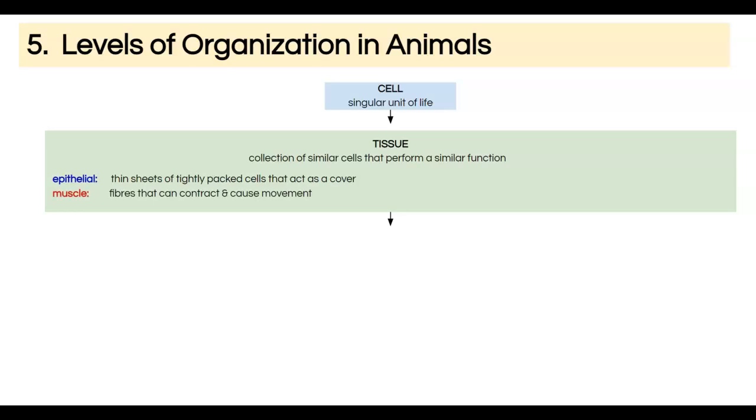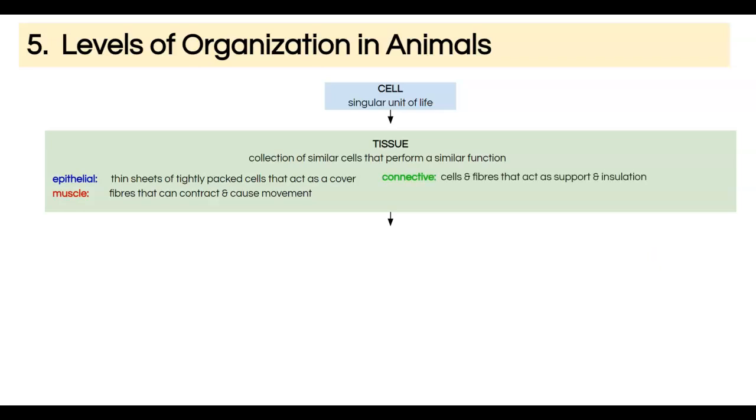You may already be familiar with it. The next one is muscle. Muscle tissue are comprised of fibers that contract and can cause movements. And so for those of you that are taking the exercise science course, you'll be very excited to learn all about muscles and how muscle tissue produces movement.